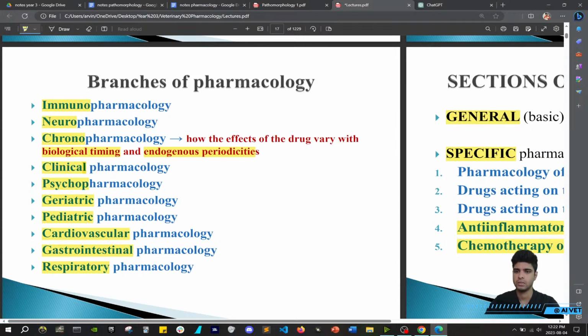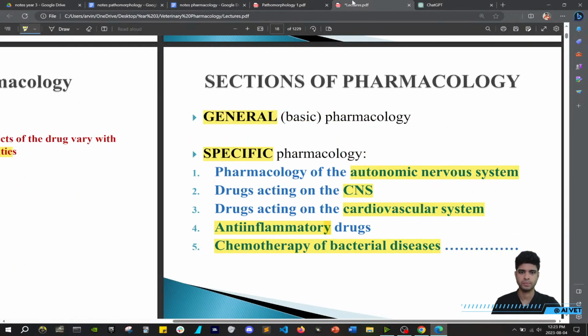Geriatric is something we also browsed yesterday; it means old people. Pediatric, diet and food intake, and then gastrointestinal, cardiovascular, respiratory. General pharmacology or specific pharmacology. Specific, as the name says, is specific to a certain organ or system: autonomic nervous system, central nervous system, cardiovascular system, different types of systems, and then anti-inflammatory properties as well.